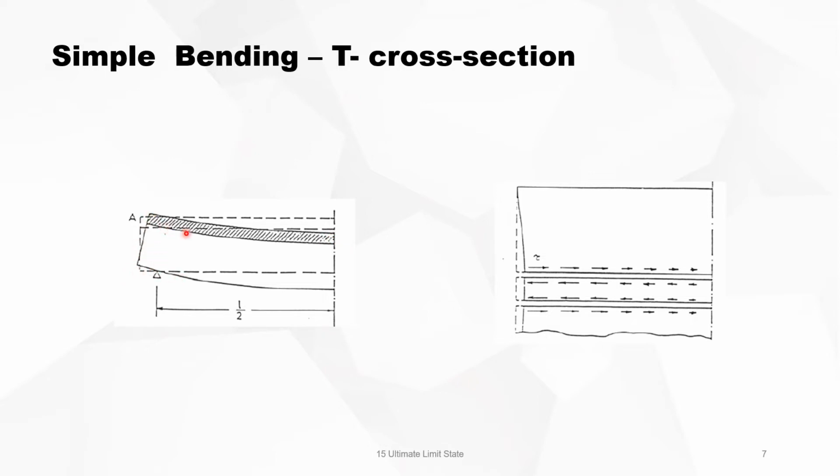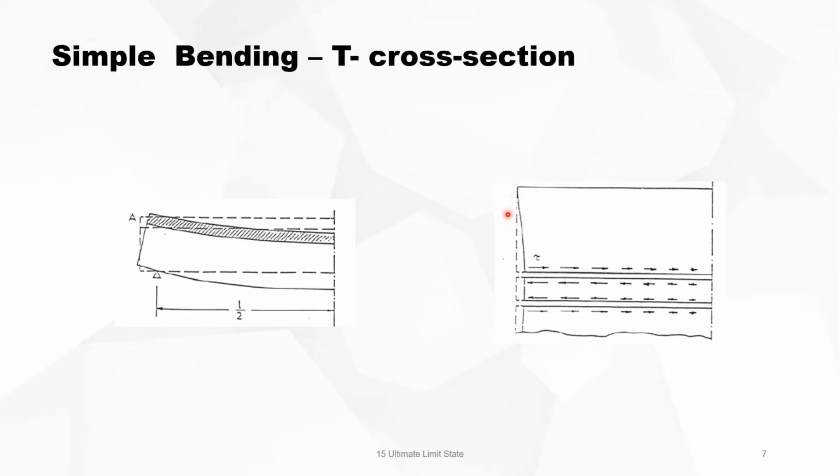But if you look from the top, you will see that this is the flange and this is the web, that the shear force keeps the flange to the web, but a little bit further from the web, the flange is less solicited.